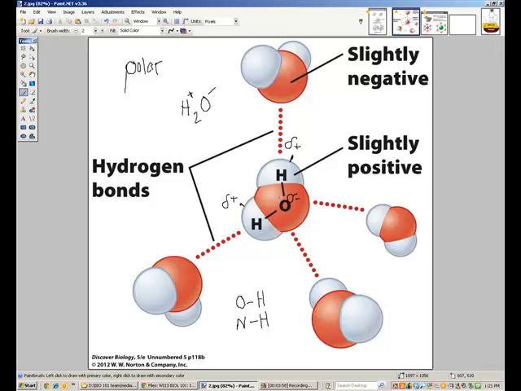So this is covalent bonding. There's sharing going on here, and you have a partial negative and partial positives. So here's what that looks like. Oxygen and hydrogen. Obviously, oxygen's electrons are being shared with hydrogen, and hydrogen's one electron is being shared with oxygen. But because there's so many more protons for oxygen with that positive charge, remember that in chemistry, opposites attract.